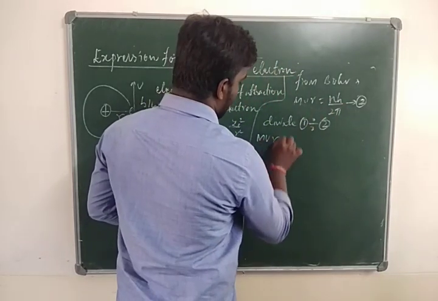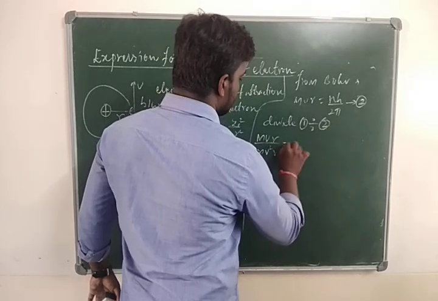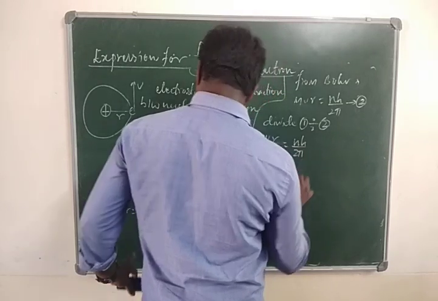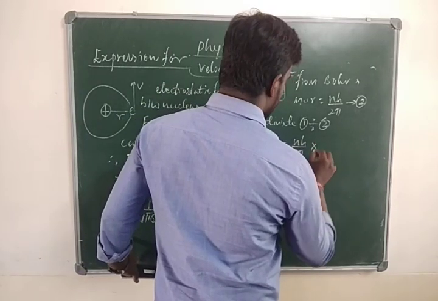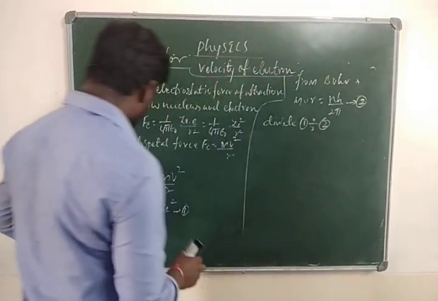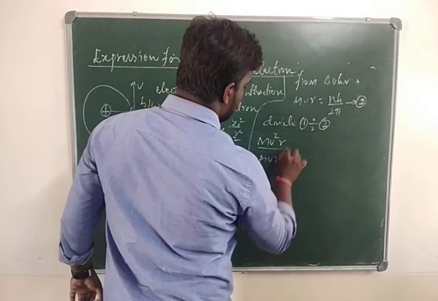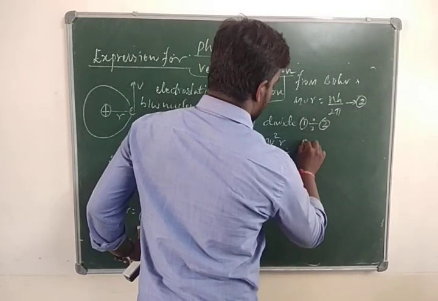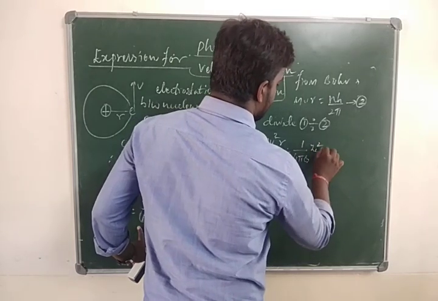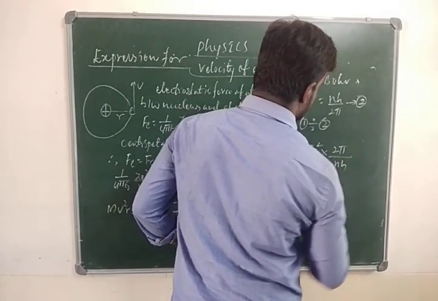Equation 1, mv square r, divided by equation 2, mvr, is equal to 1 by 4 pi epsilon naught Ze square into 2 pi by nh.